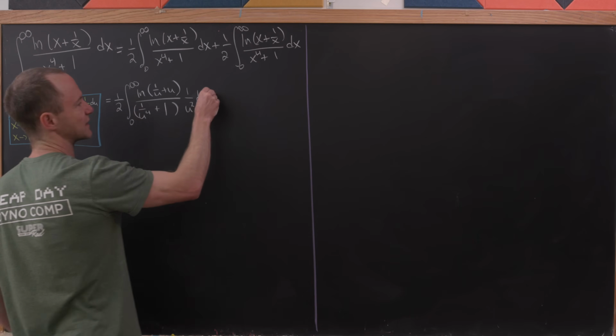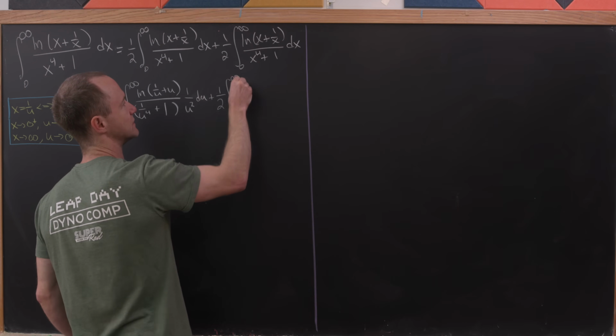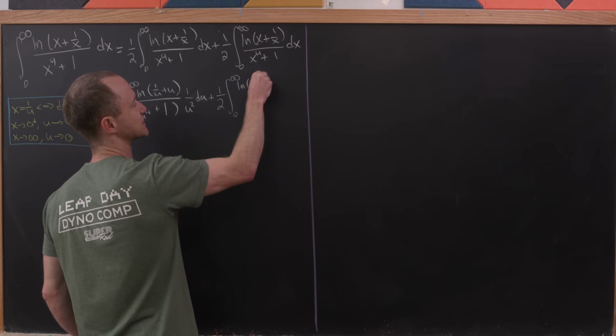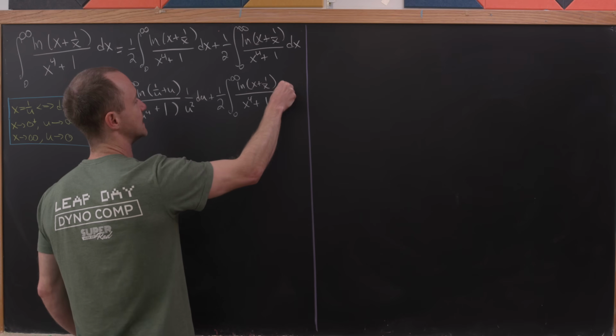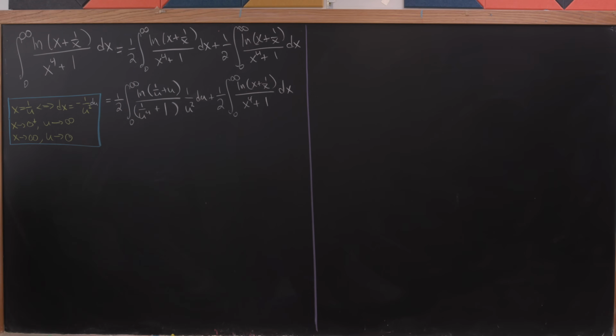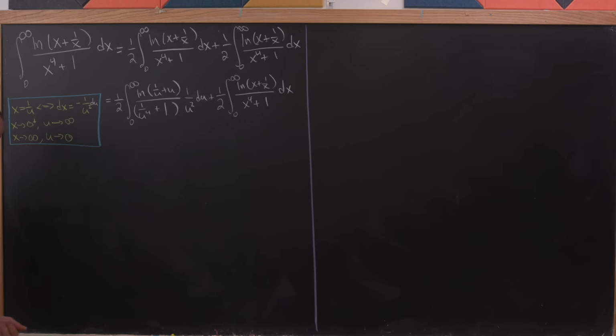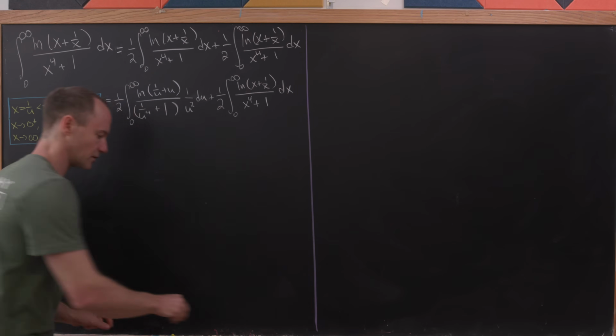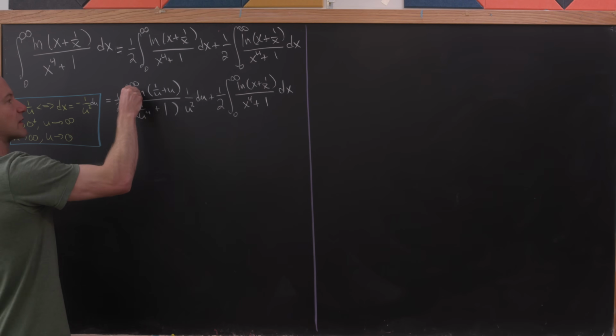But now I'll just bring this second integral down. So I've got a half the integral from 0 to infinity of the natural log of (x plus 1 by x) all over x to the fourth plus 1 dx. So something like that. Now what I'm going to do is multiply the numerator and the denominator of this first integral by u squared. So I'm going to put a u squared right here.